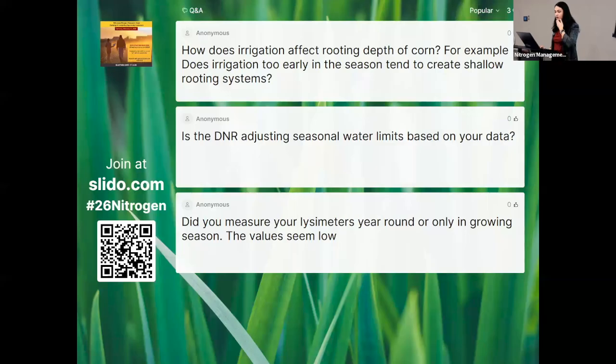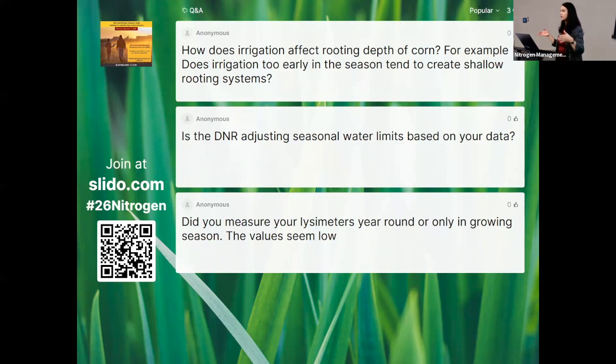The next question is, how does irrigation affect rooting depth of corn? For example, does irrigation too early in the season tend to create shallow rooting depths? Yes, and I did not check that in this research, but that's true from the literature: if we put more water during the early stages of the corn, we stop that root growth, and then our root system does not develop and does not mine for that deeper water.